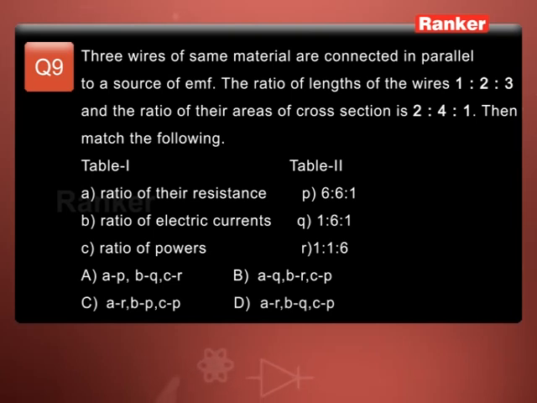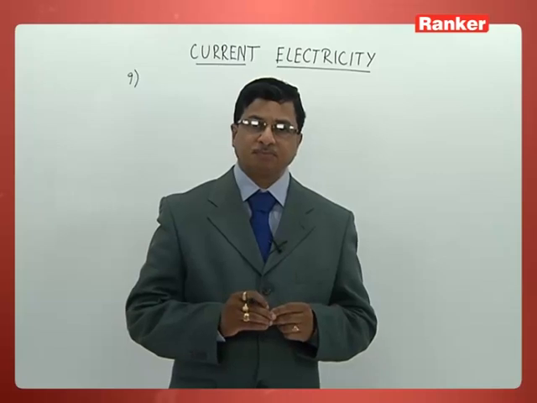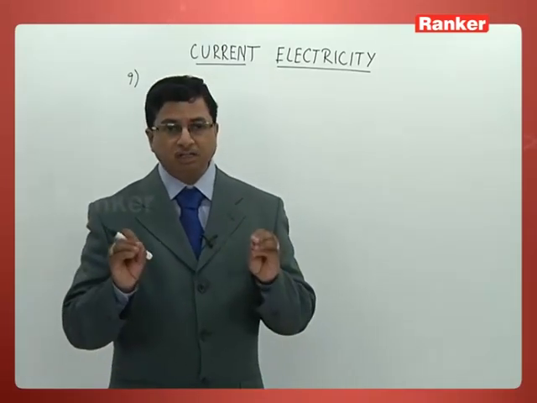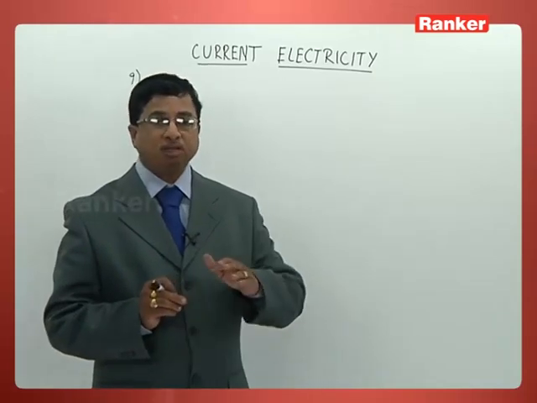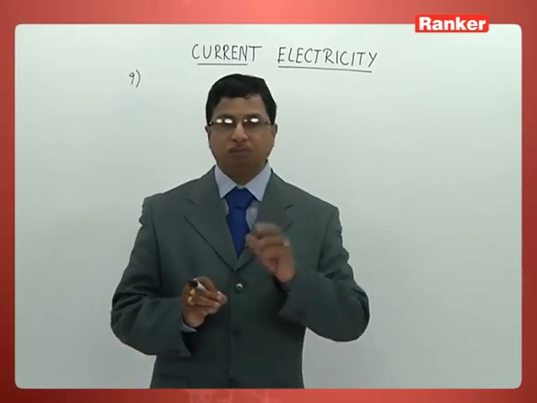In fact, in the ninth problem, he is just dealing with some ratios. Whenever a ratio problem comes, you can do it in a very easy manner. What is the methodology we have to adopt for that? I'll give you.